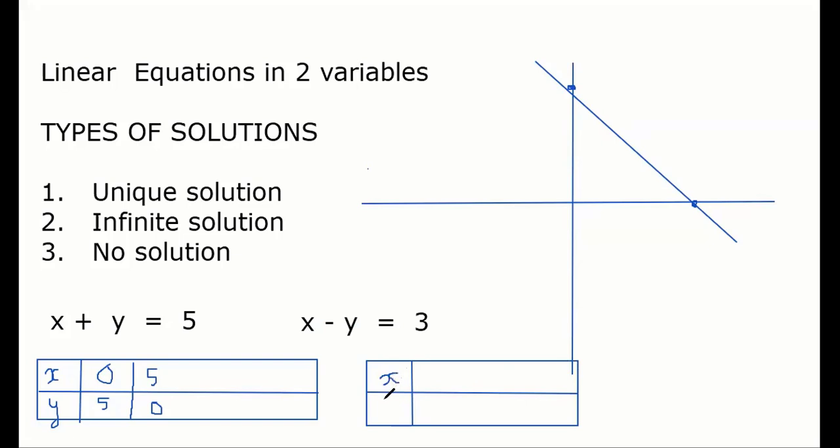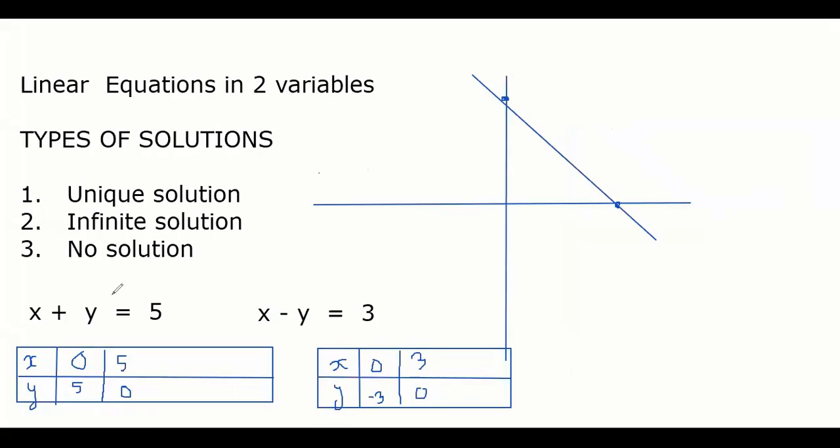So everybody, if I put x equal to 0, y would be minus 3. I'm only explaining the plotting yet. If we put y equal to 0, x equal to 3. So if I have to draw this equation on the same graph, see, this equation is this graph, correct? Now I'll draw x minus y equal to 3 in this graph.